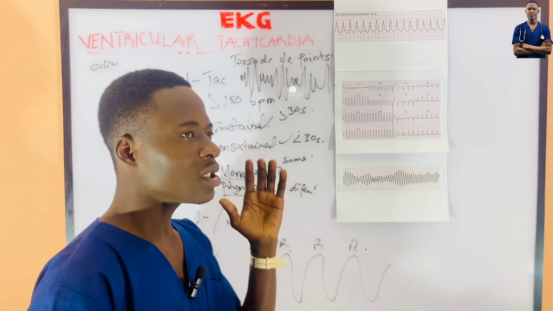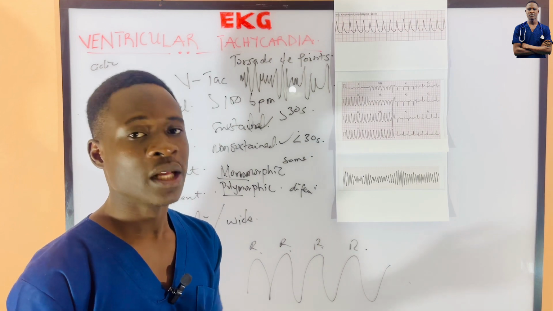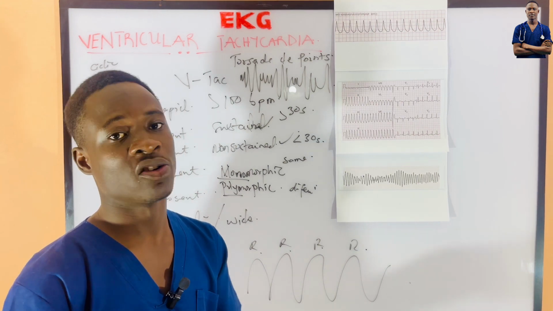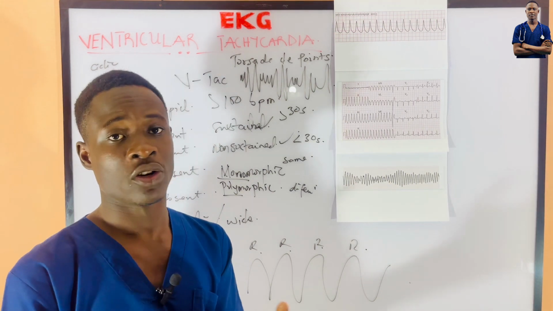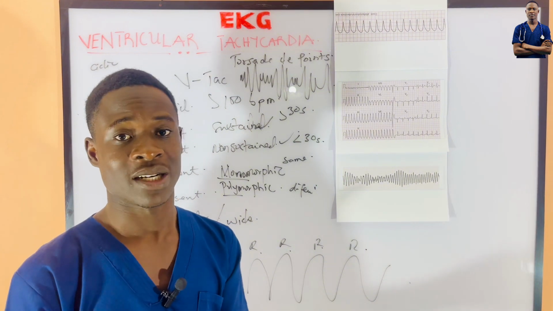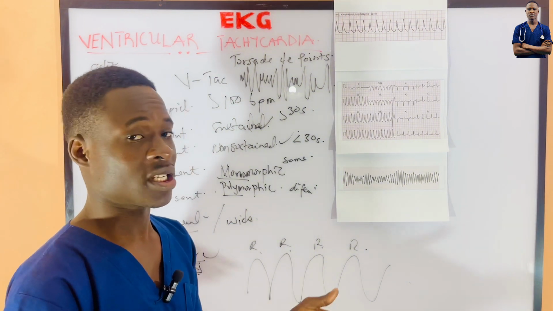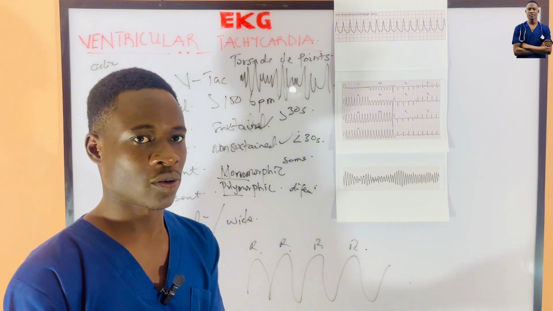Now, let's look at how we can treat this. The treatment can be on drugs, and it can be other factors. For the drugs, you can use antiarrhythmic drugs. An example is amiodarone.